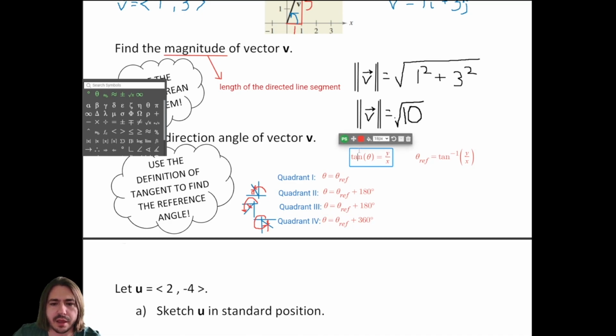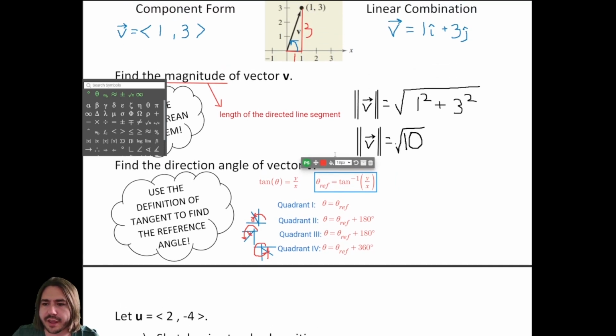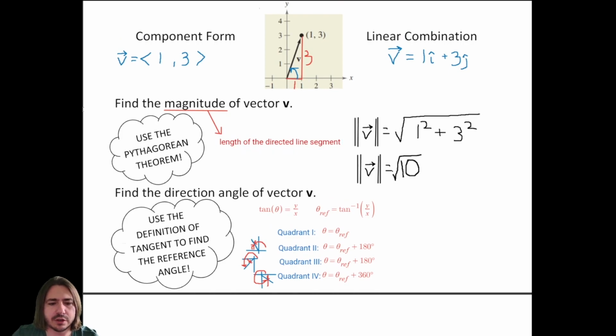So yeah, this is kind of how you're going to find the direction angle. And so if we're going to calculate the direction angle of this particular example, this is in quadrant 1.